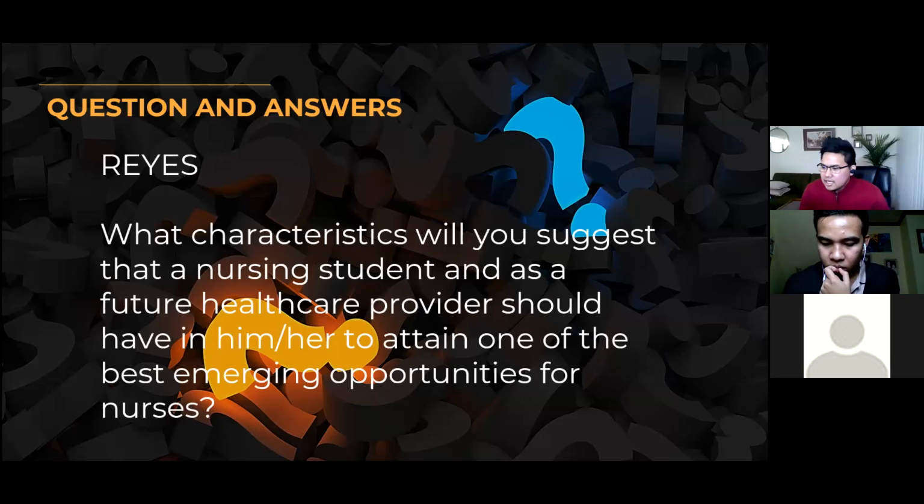Third one, I think, is if given the chance to lead, be a leader in your group. What I'm trying to say is, be a risk taker.